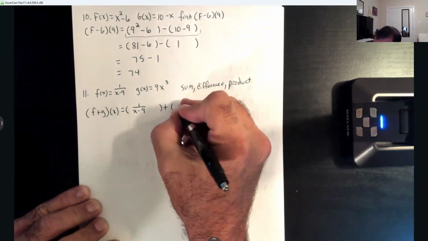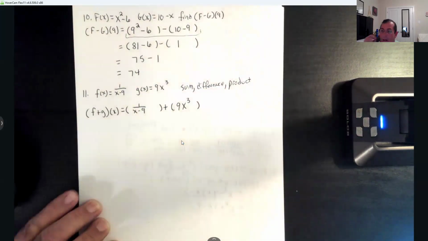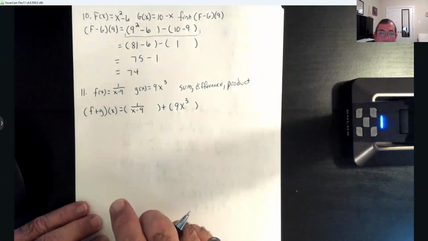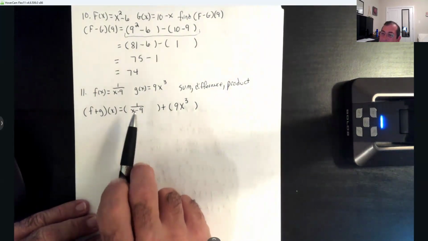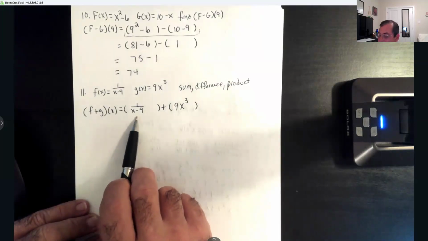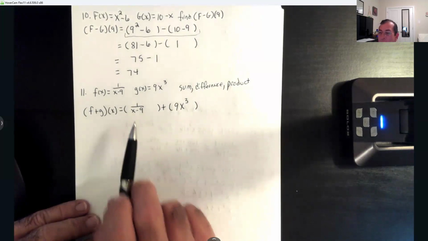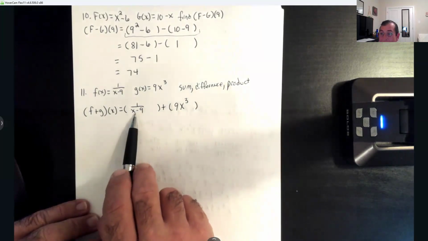And then the G is 9x to the third. Now, the reason we're not putting all real numbers on this one, y'all, we got a fraction sitting here. Are there any numbers that I can put in for that x that'll make that equal 0 under that 1? And that's a 9, right?